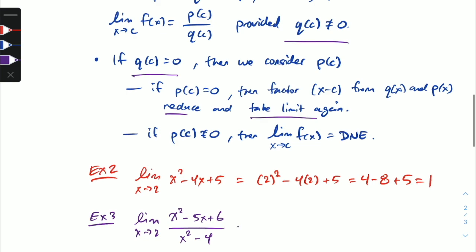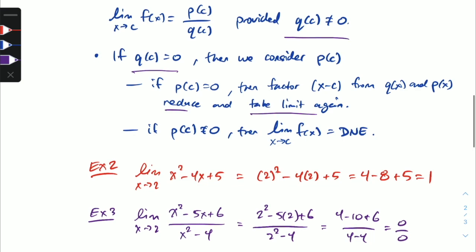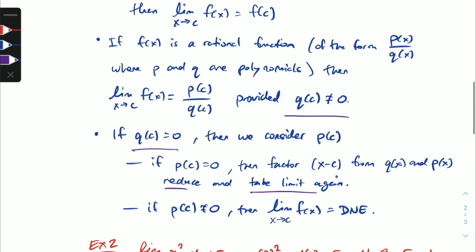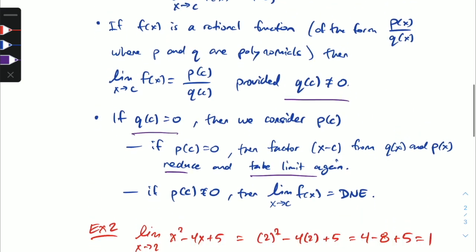See what happens. So we'll get 2 squared minus 5 times 2 plus 6 over 2 squared minus 4. So this will be 4 minus 10 plus 6 over 4 minus 4. So this is 0 over 0. This is indeterminate.